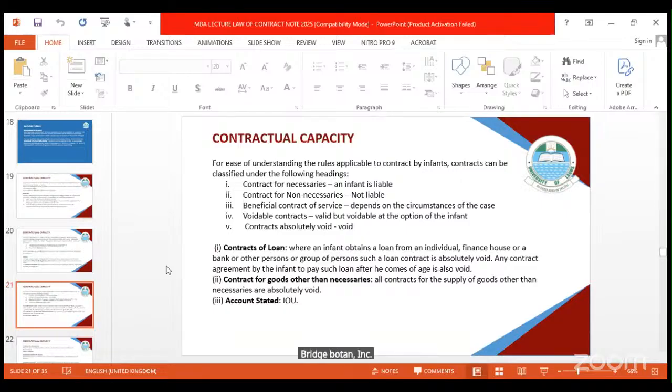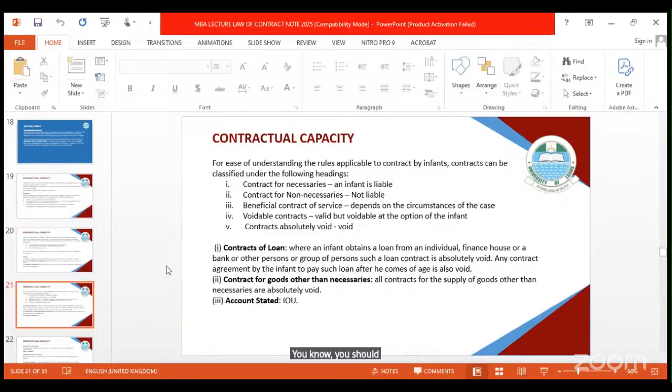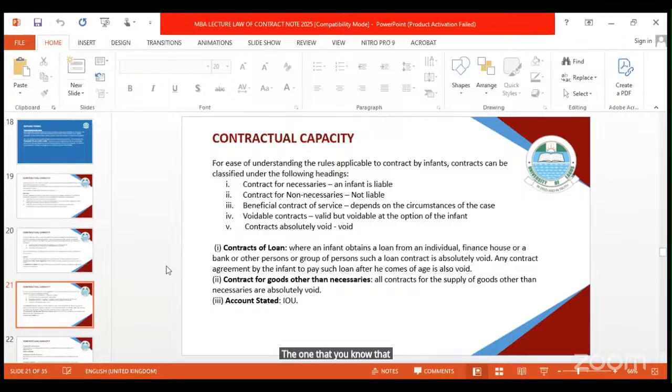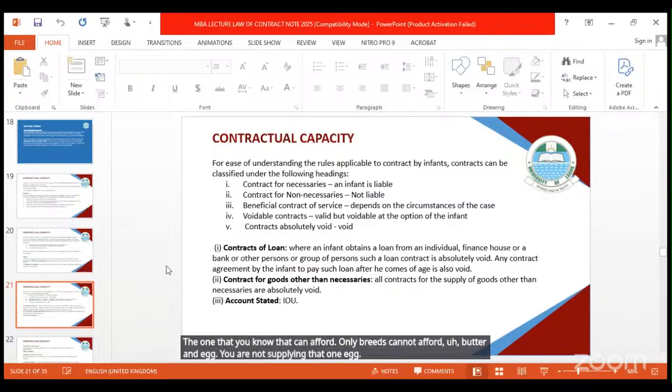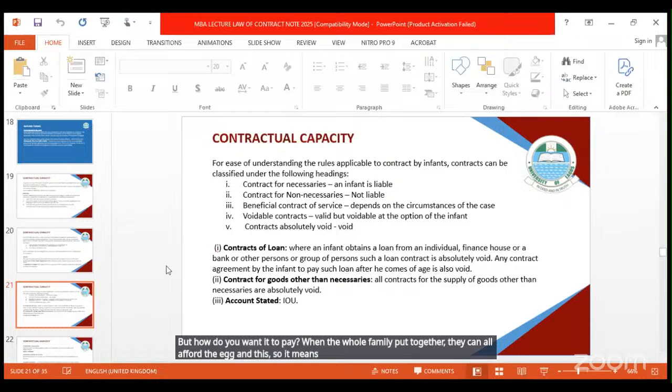Then you have some families that can afford bread but cannot afford egg and butter. You should know that yourself. So the one that you know can afford only bread, you are not supplying that family egg and butter. How do you want them to pay when the whole family put together cannot afford the egg and butter? So it means that it's not binding.